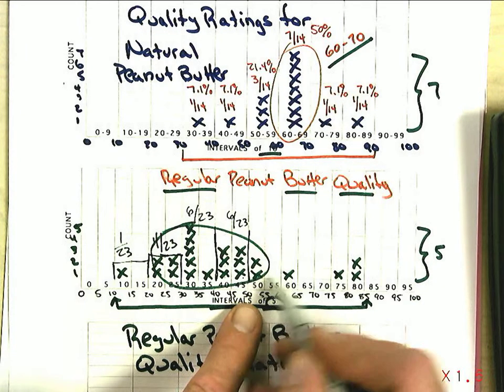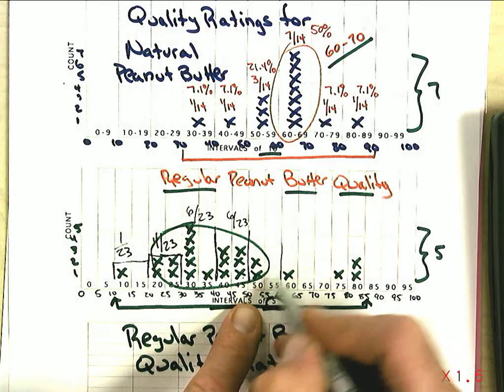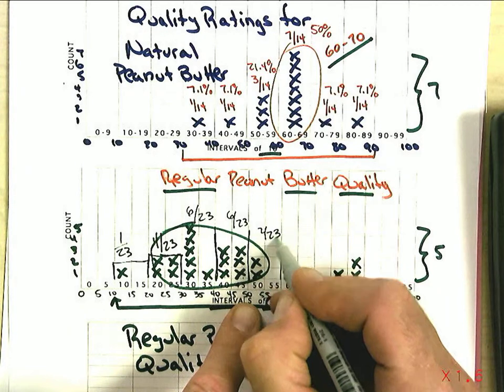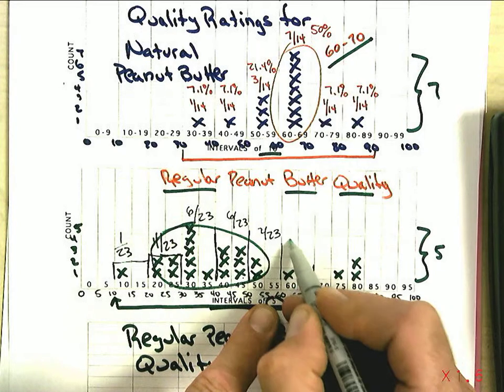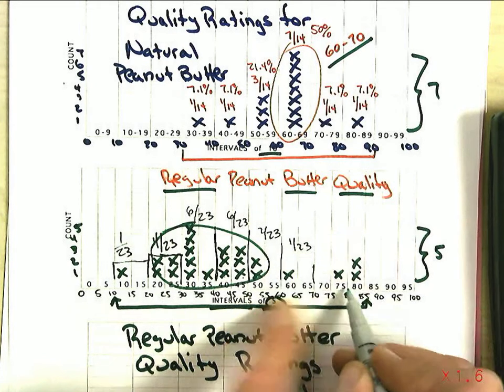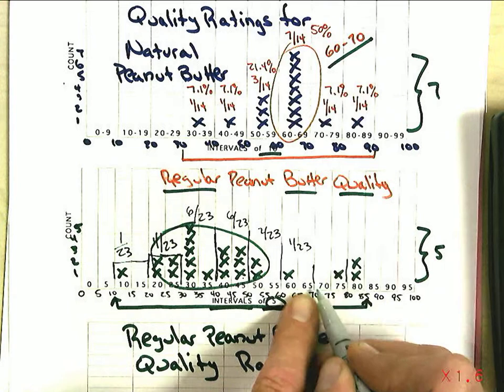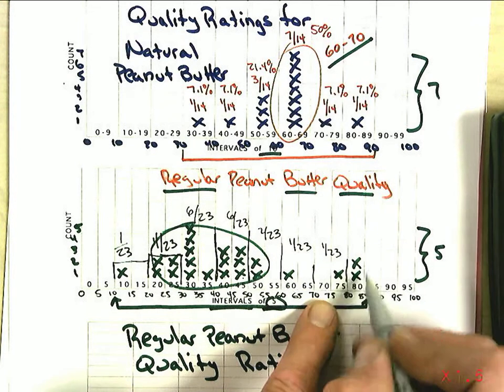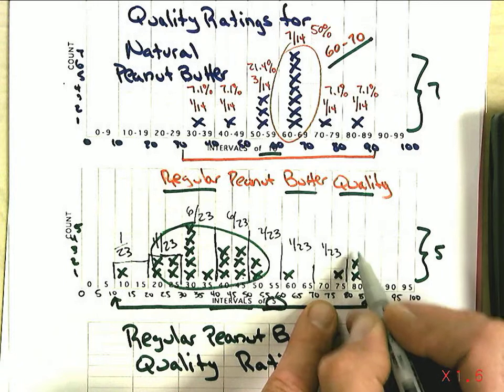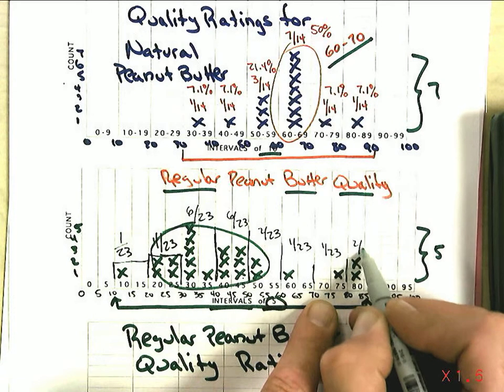And we have 2 in this set out of 23, and then 1 out of 23, and then in the 70 to 80, 1 out of 23, and then the last set, where the 80s are, you have 2 out of 23.